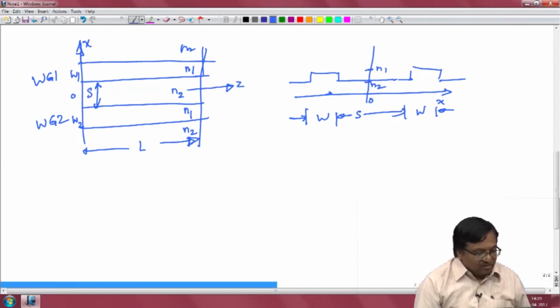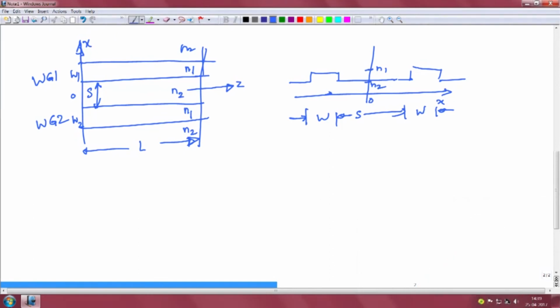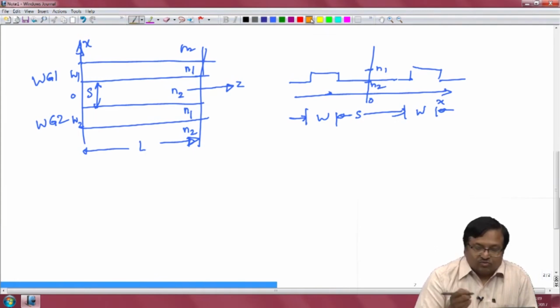In the scalar approach, we express the mode field as a superposition of the individual waveguide modes as follows. It is assumed that the individual waveguide modes are known.